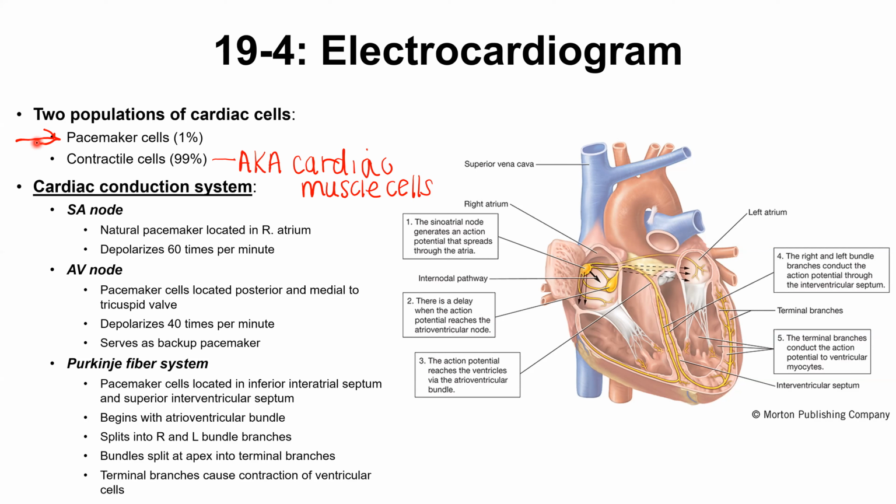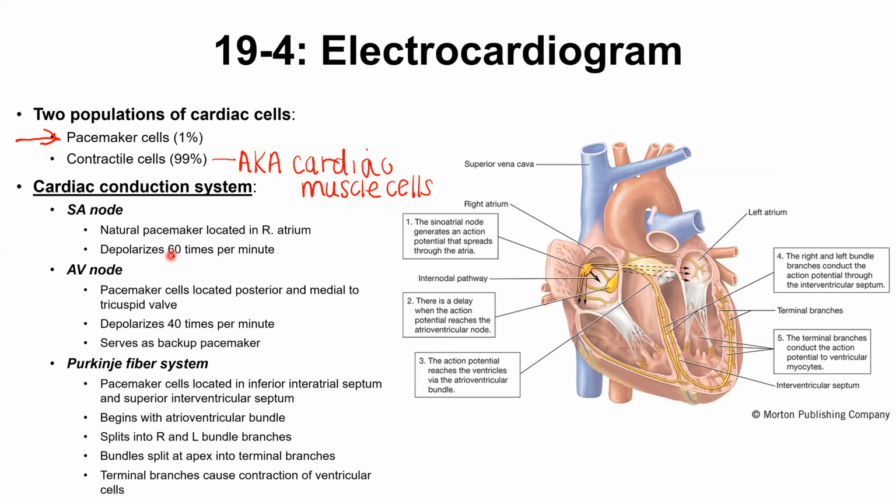So, with that being said, the cardiac conduction system consists of the SA node, which is going to be in the upper right atrium, and this is our primary pacemaker. These pacemaker cells depolarize, or send action potentials, 60 times per minute on average.